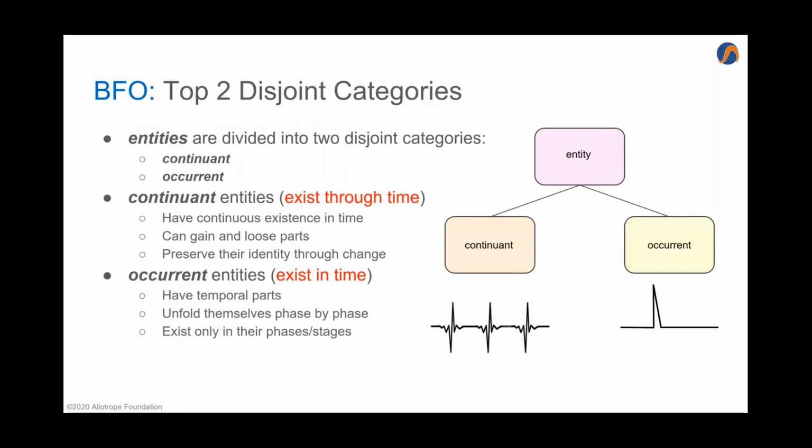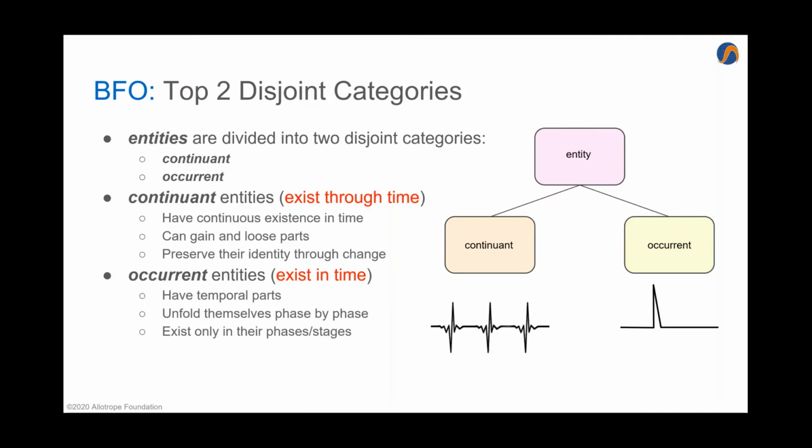Now entities are divided into two disjoint categories, continuant and occurrent. Continuant entities exist through time, occurrents exist in time. The continuants have continuous existence in time, can gain and lose parts, and preserve their identity through change.